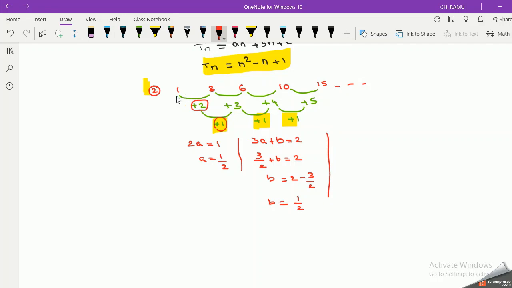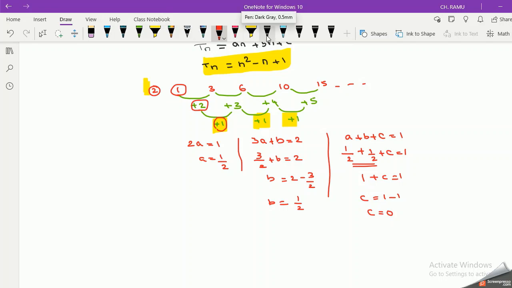And I already told you that the first term of the sequence should be equal to a plus b plus c, which is equal to 1. Substitute: a is equal to 1 by 2, b is equal to 1 by 2, plus c is equal to 1. We know that 1 by 2 plus 1 by 2 is nothing but 1, plus c is equal to 1. So c is equal to 1 minus 1, so c is equal to 0.